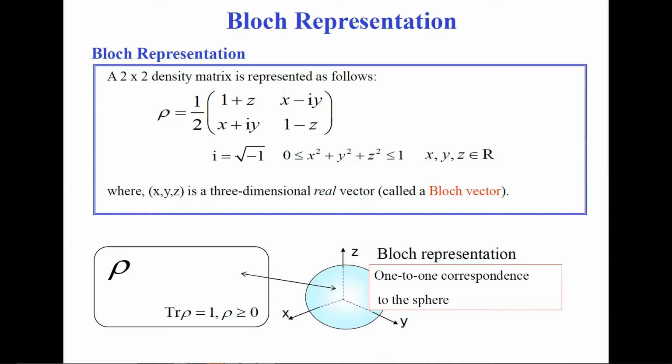This is a very specific case, in 2-dimensional complex vector space. So we obtain a one-to-one correspondence between the space of density matrices and three-dimensional Euclidean space.